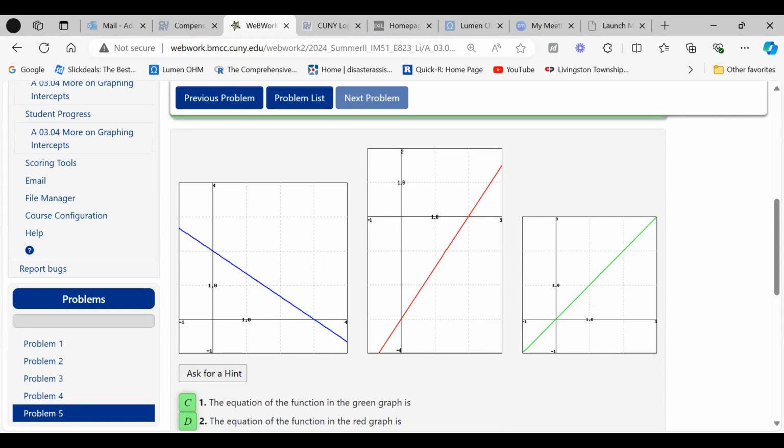All right. And before I let you go, you guys try this too, right? I'm gonna give you 2 more graphs to sketch. Let's say we get something like this.